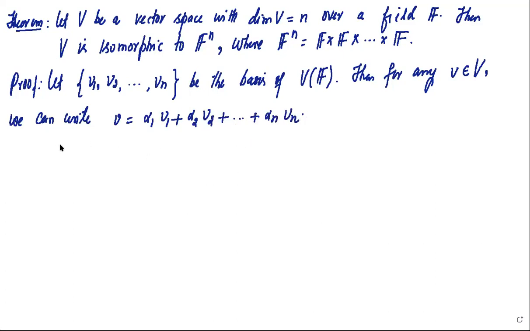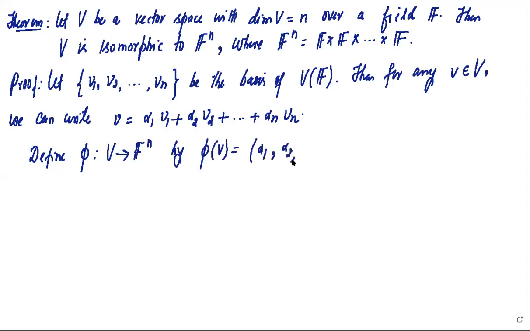Okay. So now we define a linear transformation, a mapping between the vector space V and this F^n. Now define pi from V into F^n by pi of V is equal to (alpha 1, alpha 2, ..., alpha n).